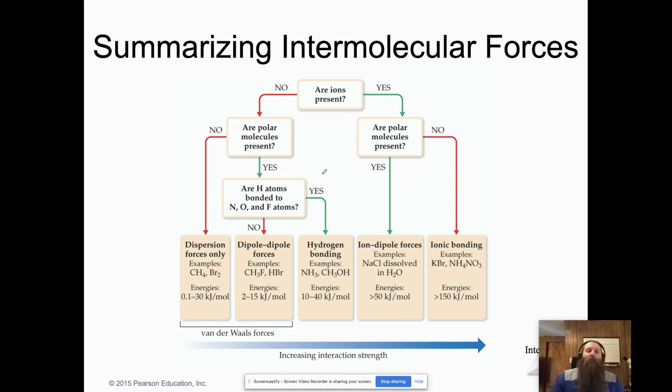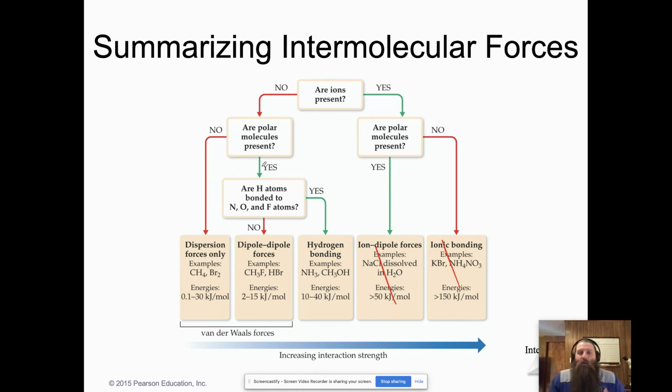So if you have some sample and there are no ions, well, if there's no ions, it can't be ion-dipole and it can't be ionic bonding, right? Neither of those two things are allowed. If you have ions, well, then it can't be any of these three, right? So that's a really good place to start. Let's go with no. So we've ruled out these two.